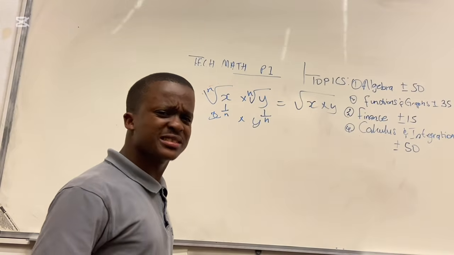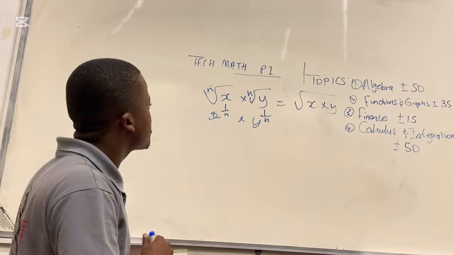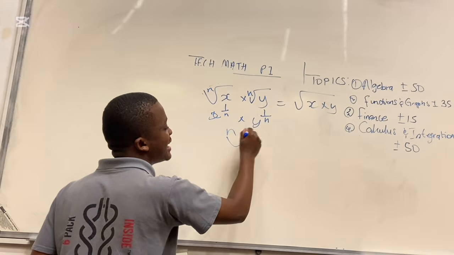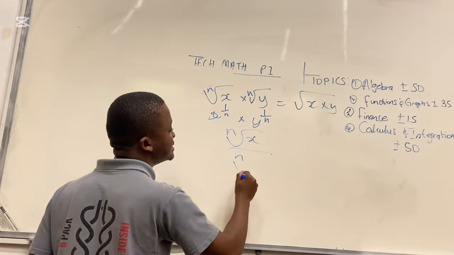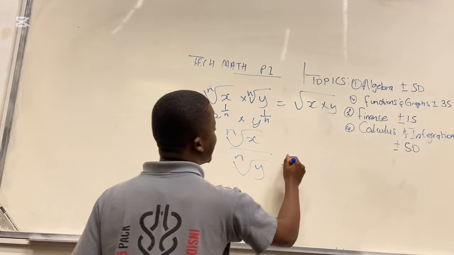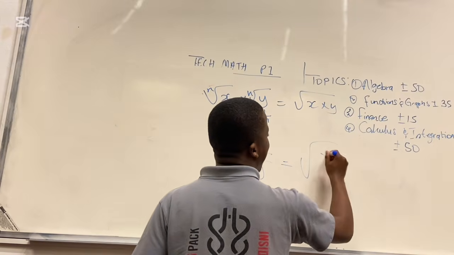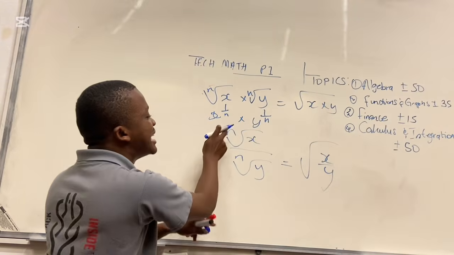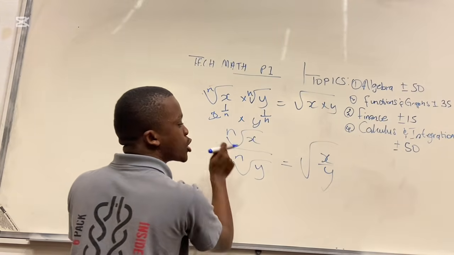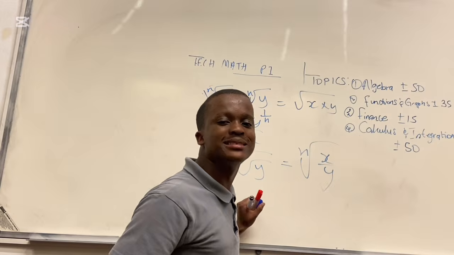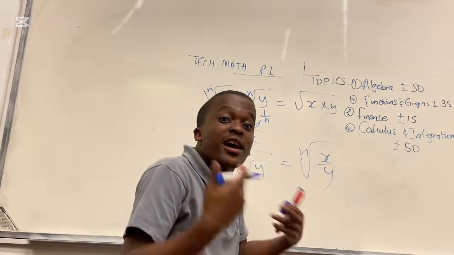Those are the properties of surds. It's very important to note these things. If you have the nth root of x over the nth root of y, this can be the nth root of x over y, because they are sharing the same root.